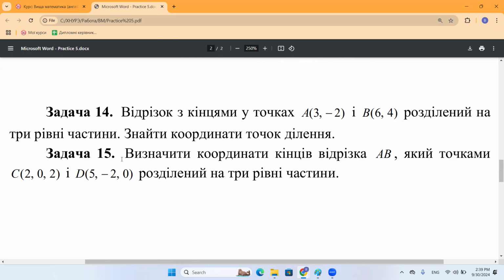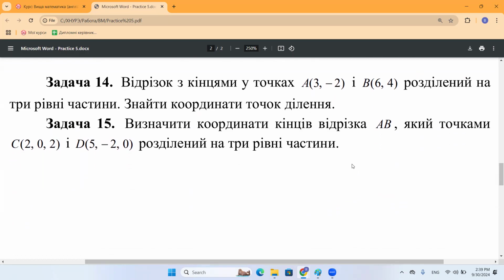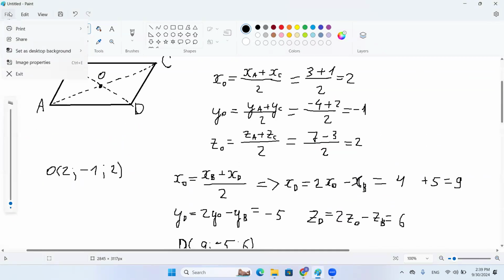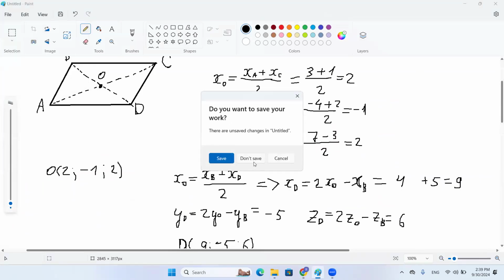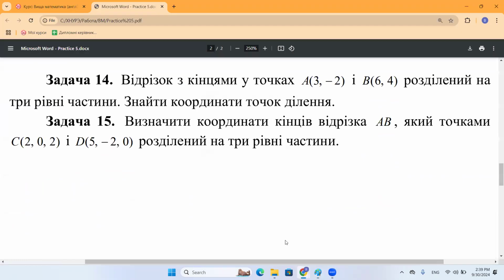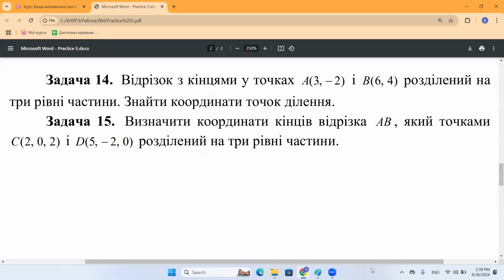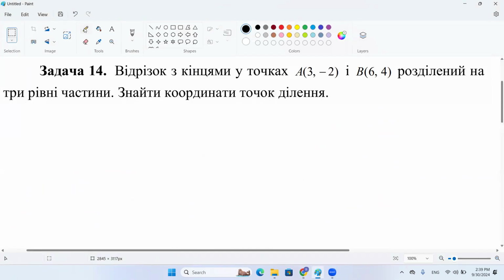Okay, let's solve 14. So we have a segment. Okay, let's make a new document. Which is divided into 3 parts.